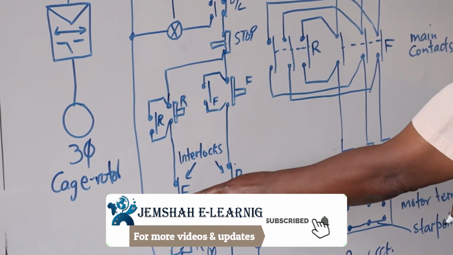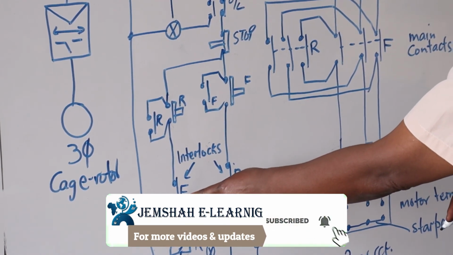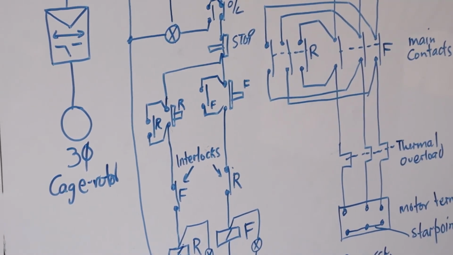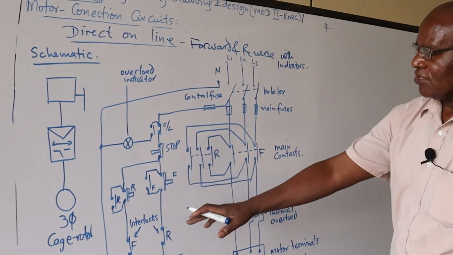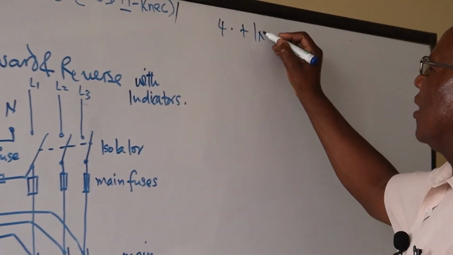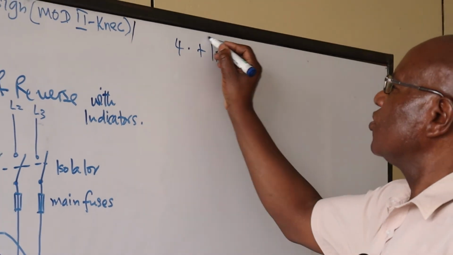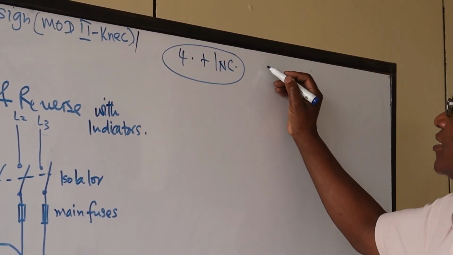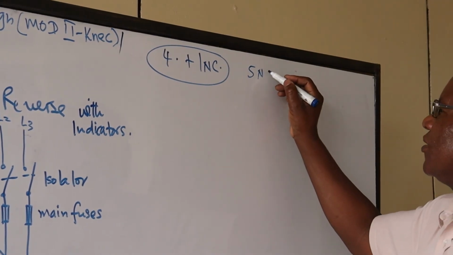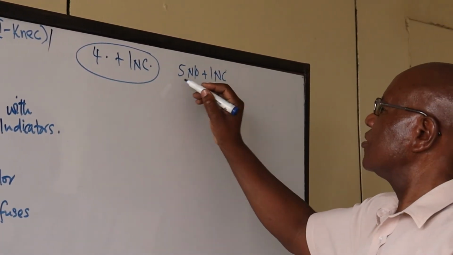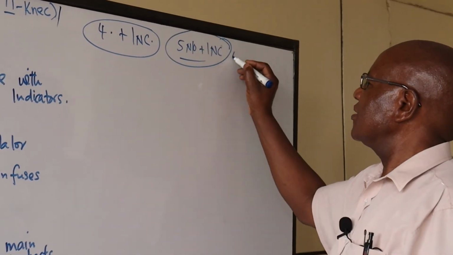This one here is normally closed. That means in this case I'll need my usual 4 contacts and another contact which is normally closed. So for this one here, I can go for the contactor with the 6 terminals, of which 5 will be normally open plus 1 normally closed. I can go for that contactor.